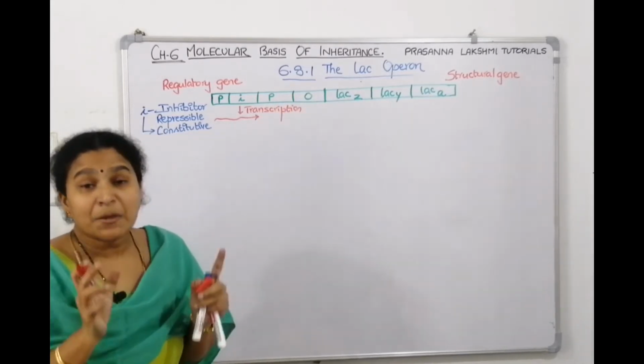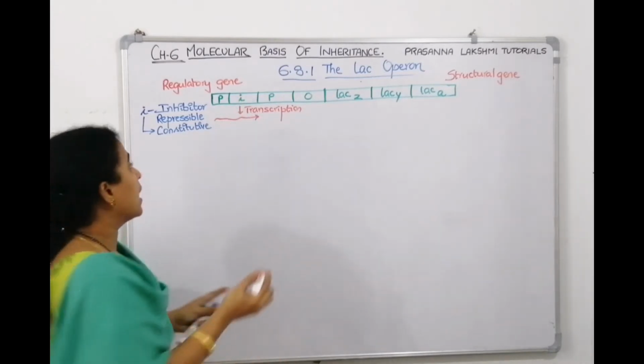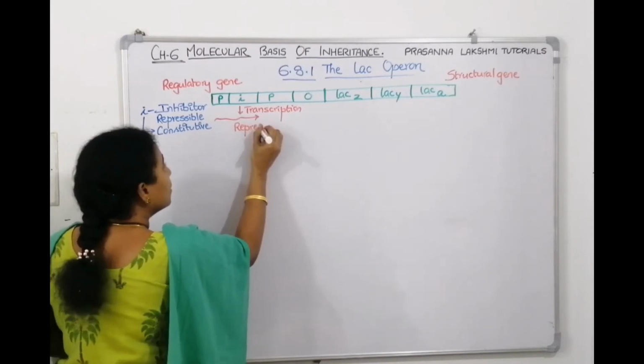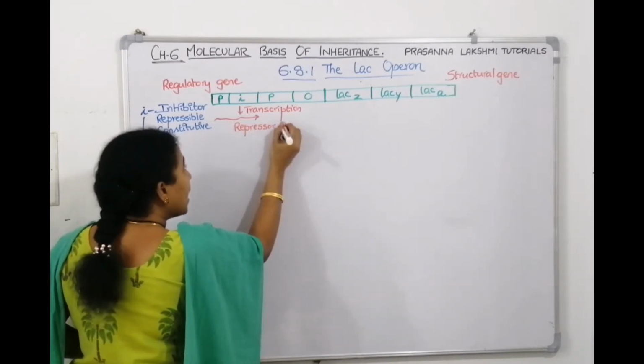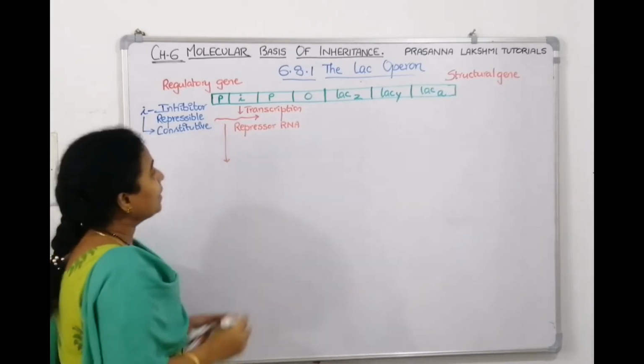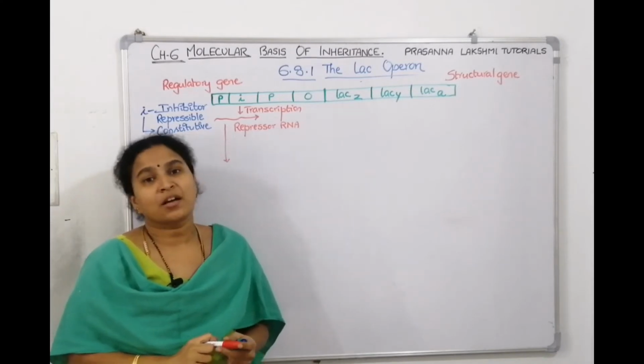This is called repressor RNA, repressor mRNA.